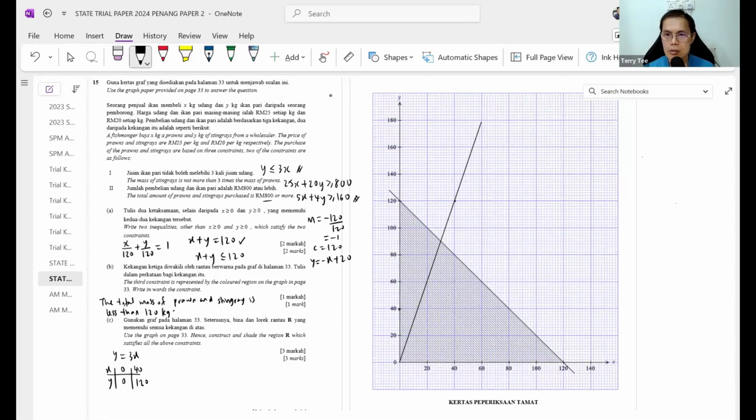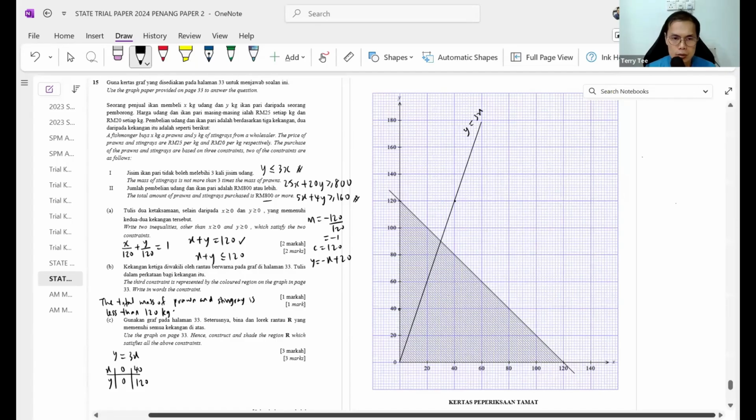So this is y equals 3x. Now next you have 5x plus 4y equals 160. Use a table of values. Sub x with 0: 160 divided by 4 is 40. Sub y with 0: 160 divided by 5 is 32.